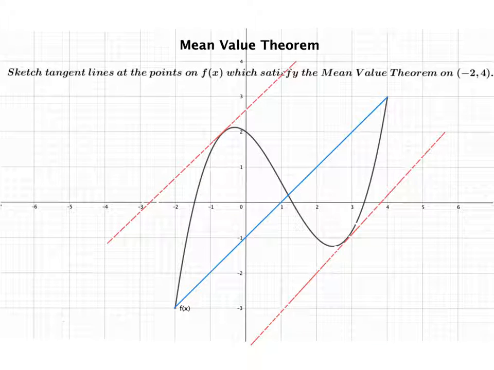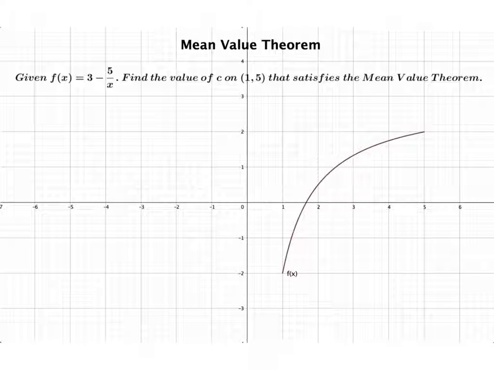So these are the tangent lines that satisfy the mean value theorem that says that at least one point on a differentiable curve on an interval, the derivative of the curve will be equal to the slope of the line connecting the endpoints.